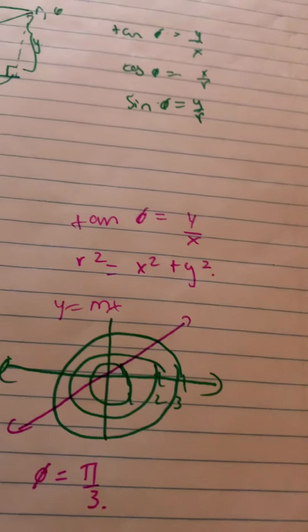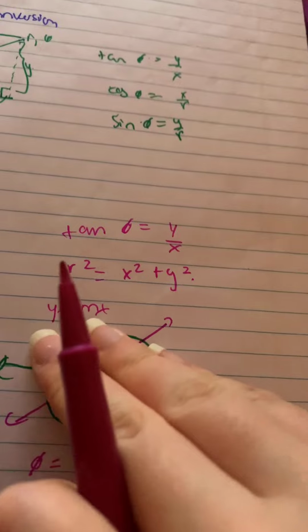And then let's look at our last equation. We have something like this. Draw a circle again, 1, 2, 3.